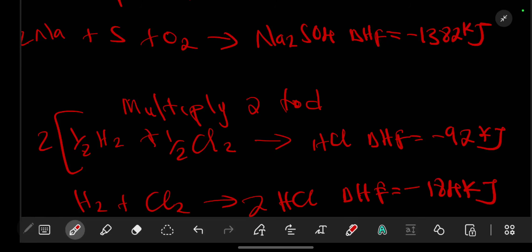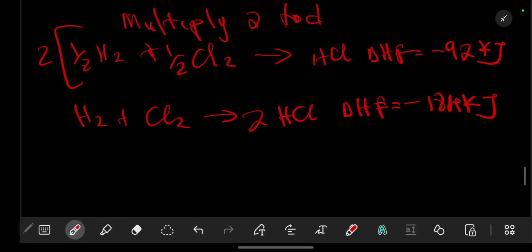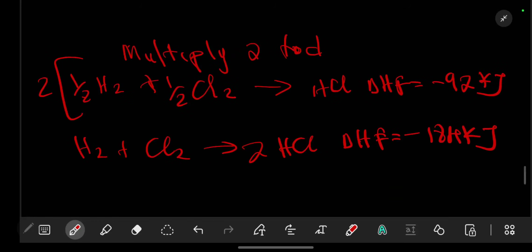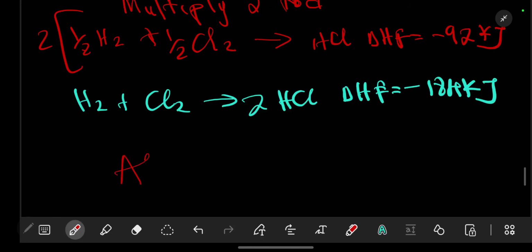So after we do that, we are going to get our value, which will be equivalent to this. So these equations are now what we want.